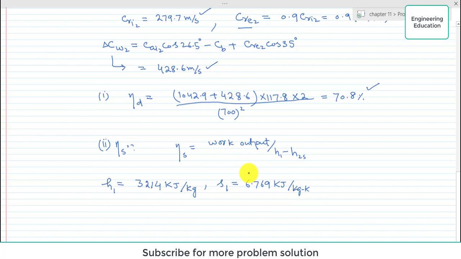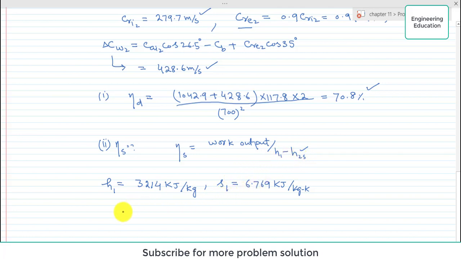So to find the value of H2S, the value of H2S is isentropic value, means entropy will remain constant.